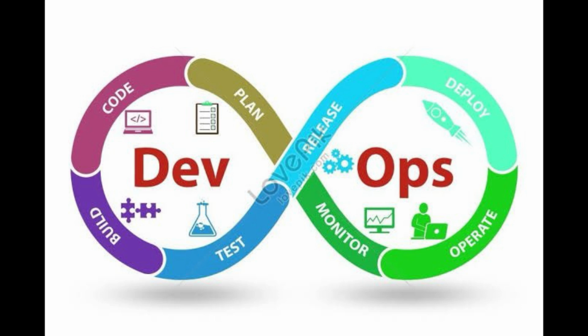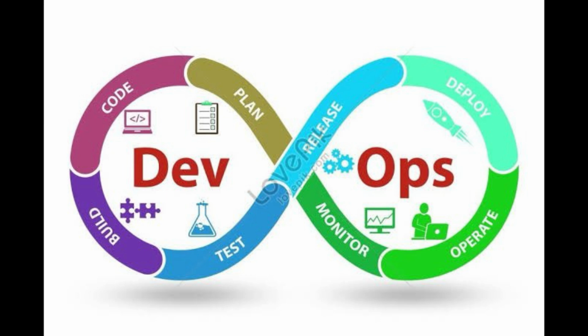How do you trigger your EKS cluster to deploy the new application? How do you trigger it through Jenkins to deploy the new application on the EKS cluster?